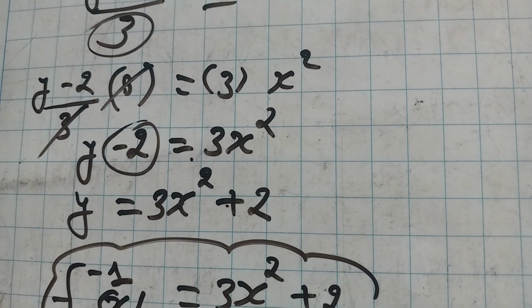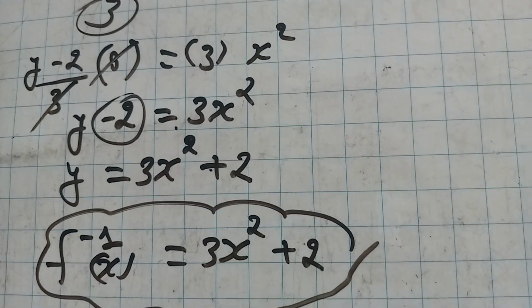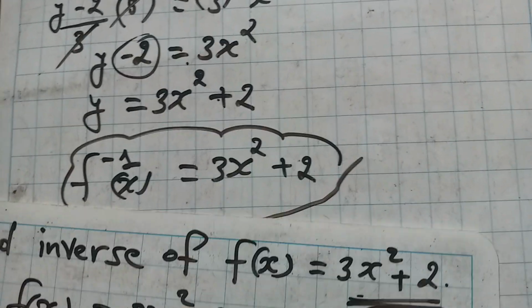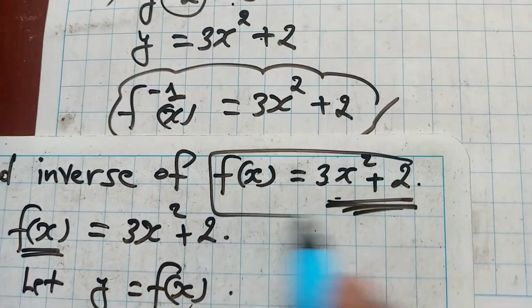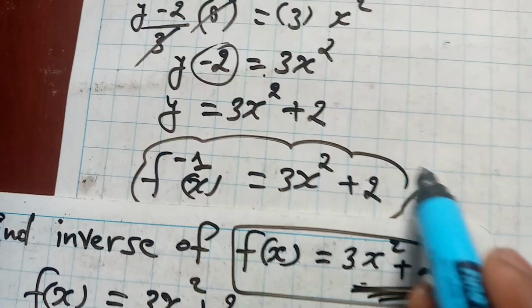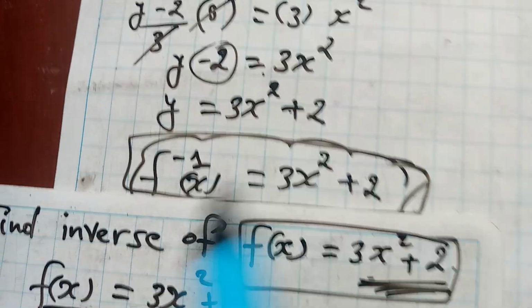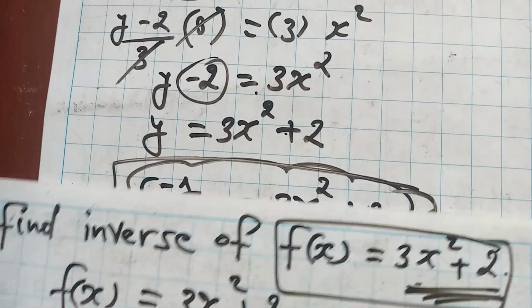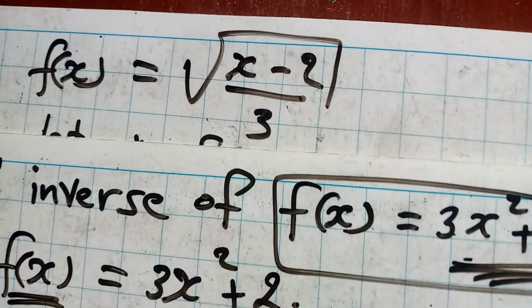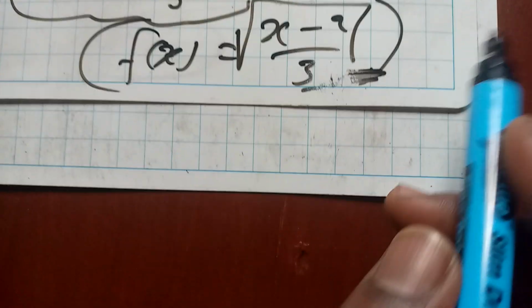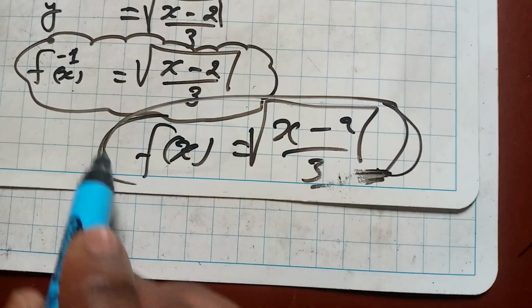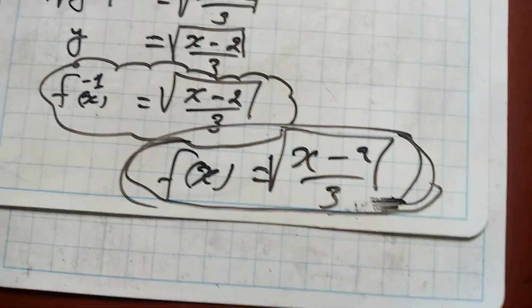You see that this is the same as the equation that you had at the beginning. The original equation in example number 1 is the same as our inverse here, as we found at first.